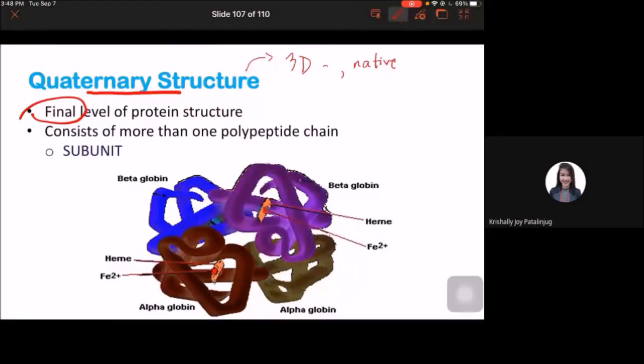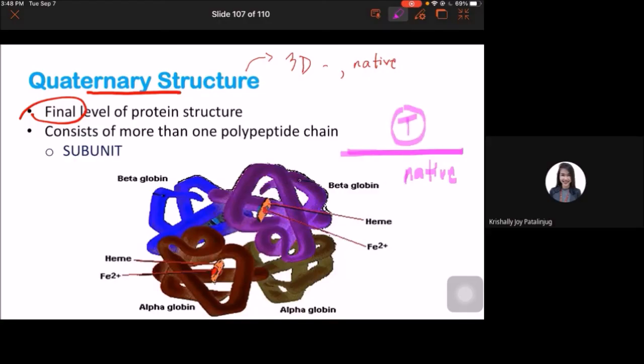Okay. Take note, sa mga klase ng proteins po, meron tayong mga certain proteins kung saan kahit isang polypeptide chain lang meron sila, they are already functional. Okay? Now, if that is the case, that is tertiary structure.